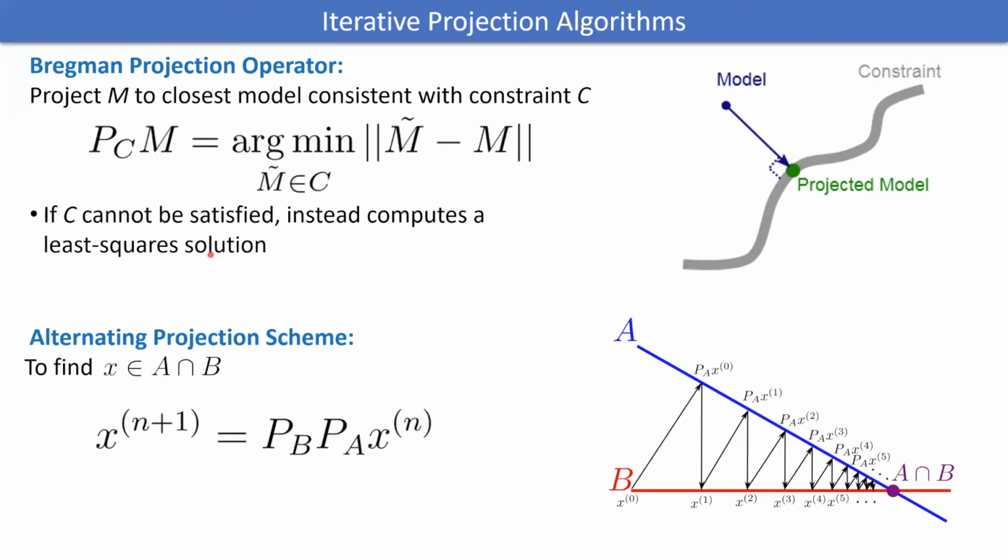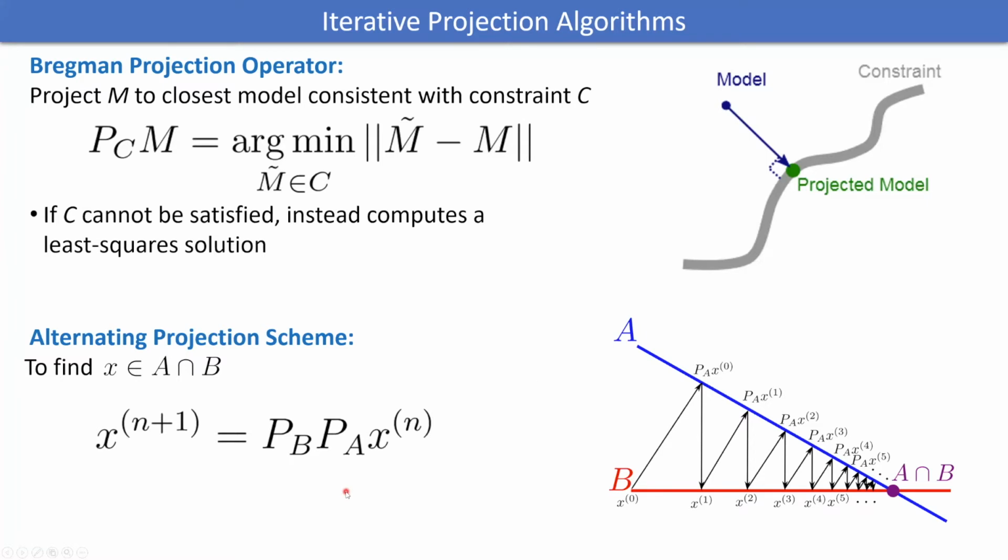And so if you want to apply these projections to find some model that's consistent with multiple constraints, again like in our example, the data constraint and these physical constraints, then we have something called an alternating projection scheme. Basically, to do this, you start with some initial guess x0 for your model.